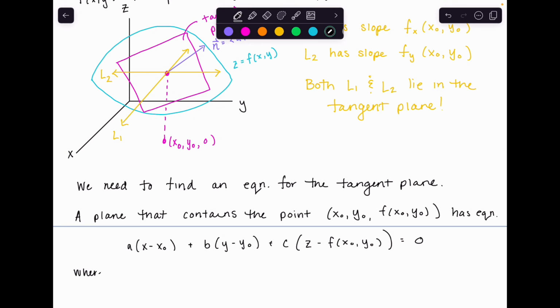Specifically, where n is this normal vector with components a, b, and c.